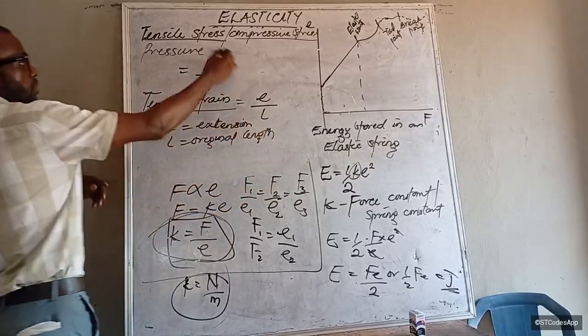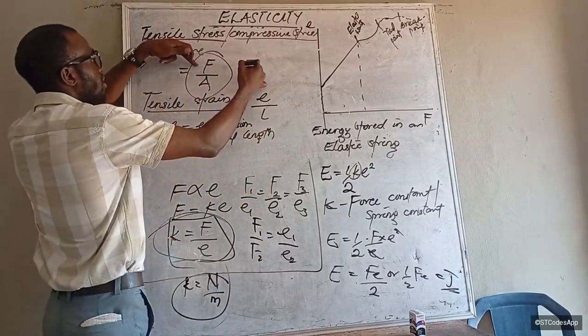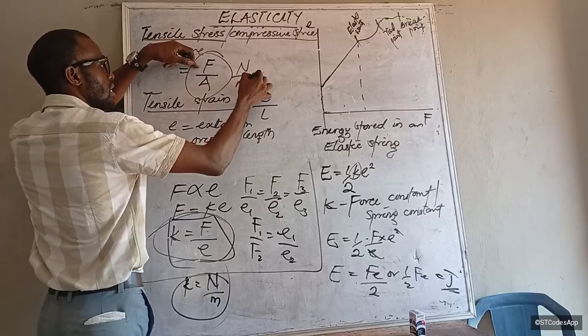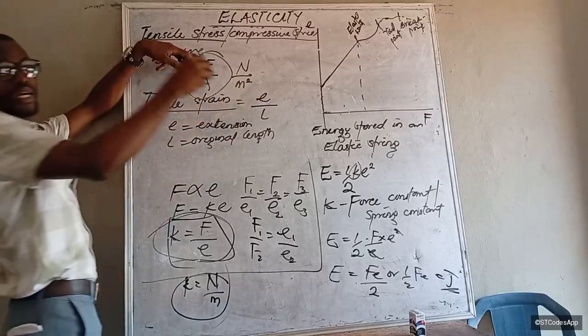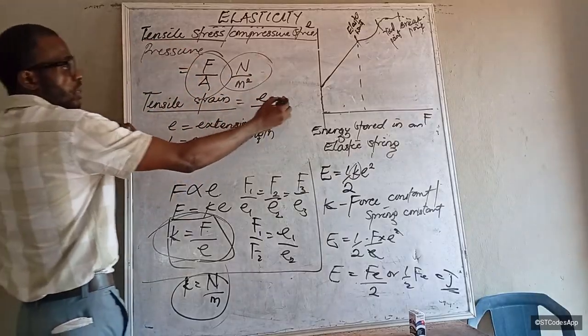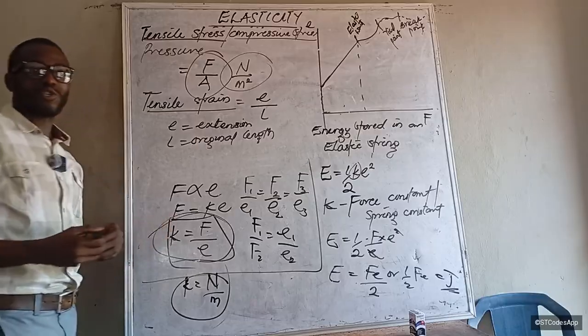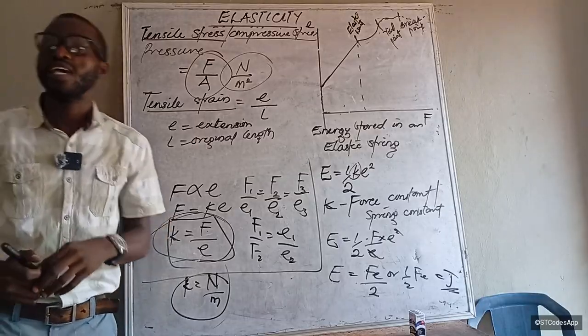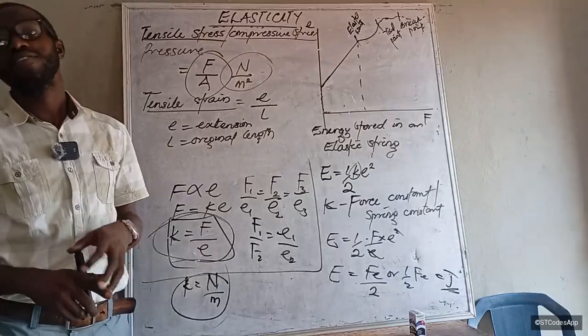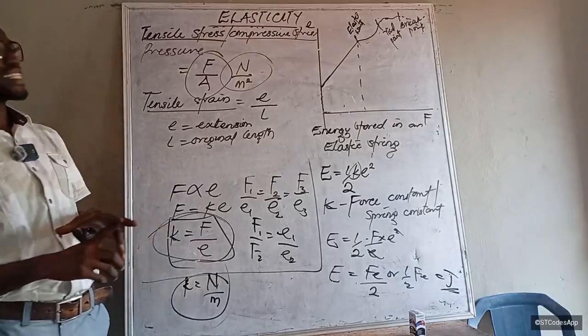Now, what will be the unit of stress? Newton per meter squared. Is it clear? But for strain, what will be the unit? It doesn't have a unit. So which of these is a dimensionless quantity? A. Mechanical advantage. B. Tensile stress.